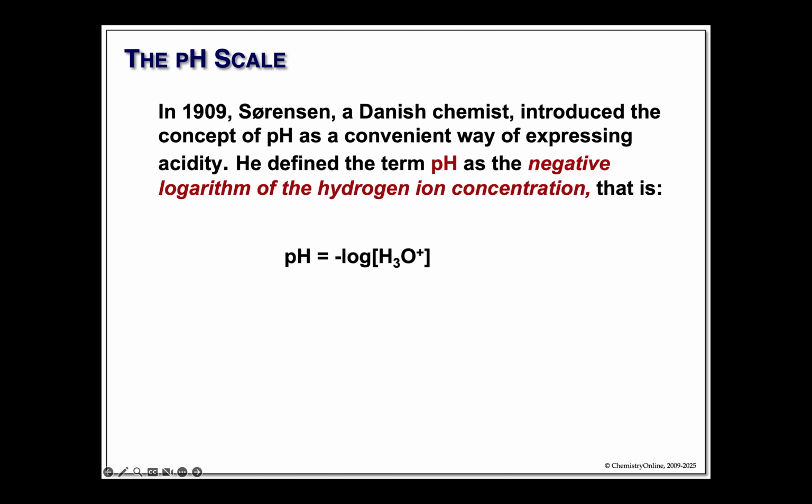That's pH. This is quite often simply abbreviated as H. The square brackets: in chemistry, anything written inside the square brackets refers to its concentration in moles per liter. So pH is minus log hydronium.